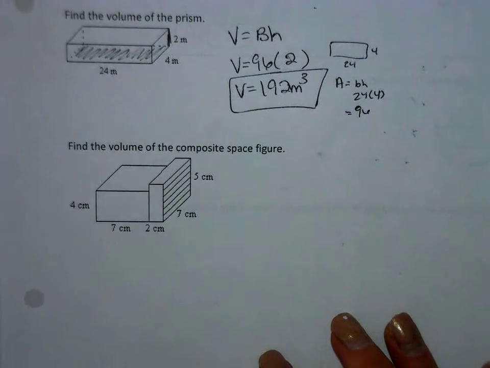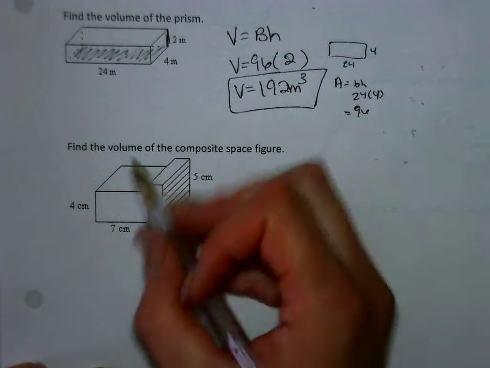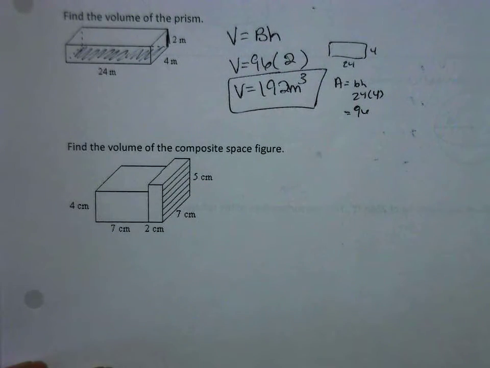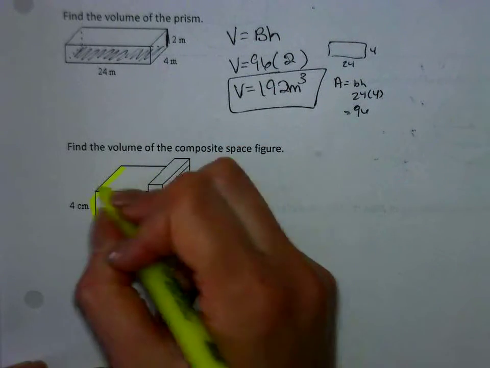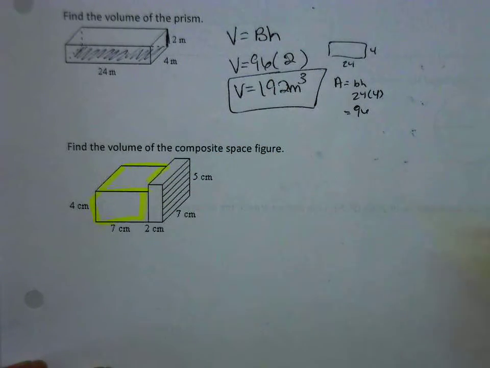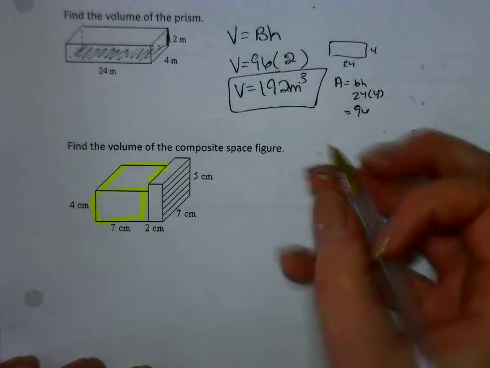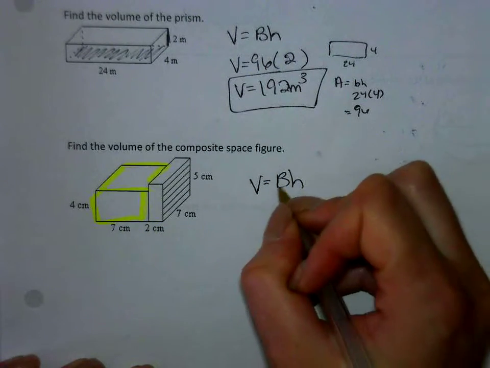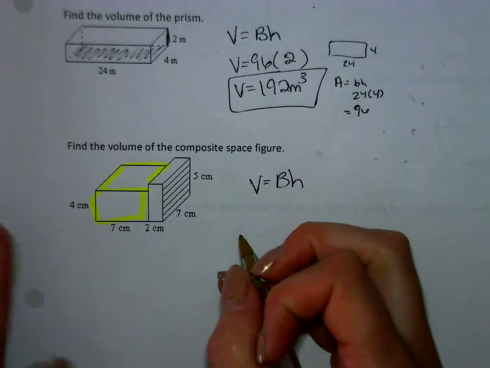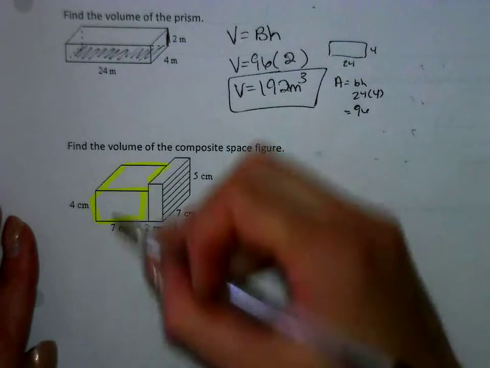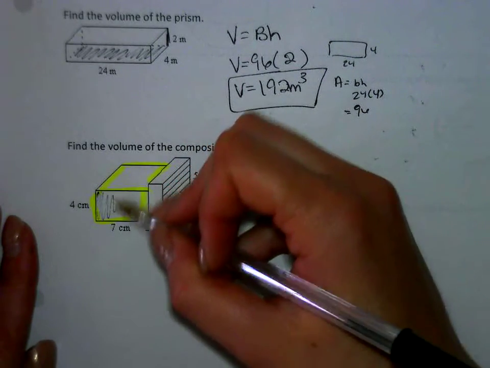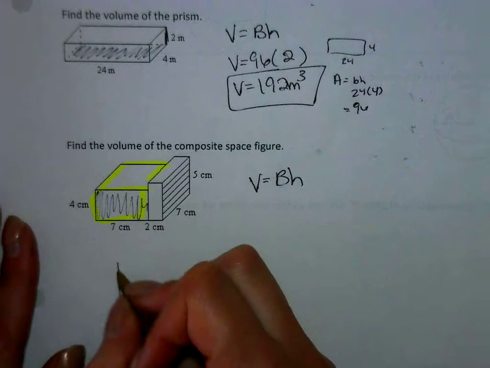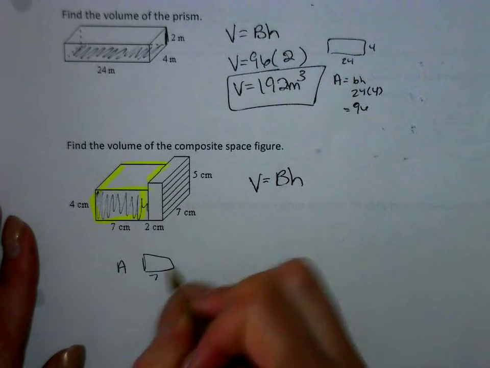For this third example, we want to find the volume of the composite space figure. First of all, let's take a look at our left side. I'm going to highlight that in yellow. So here's our prism. The volume of that left prism is going to be the area of the base times the height. This is the area of our base, a 7 by 4.